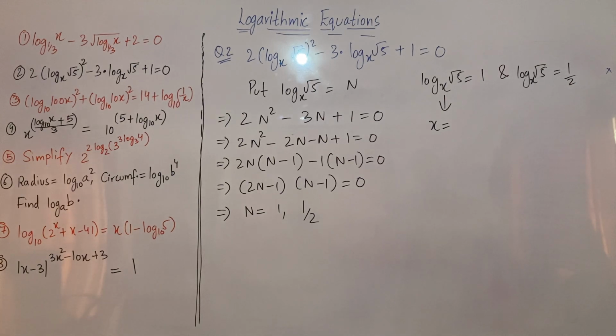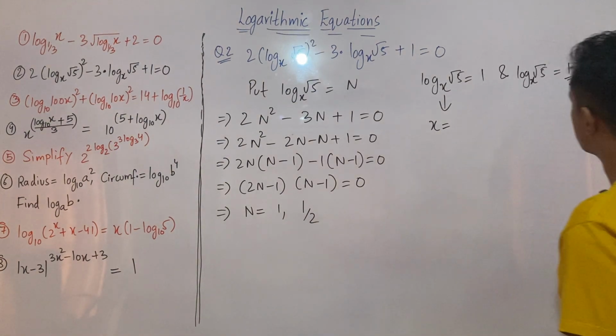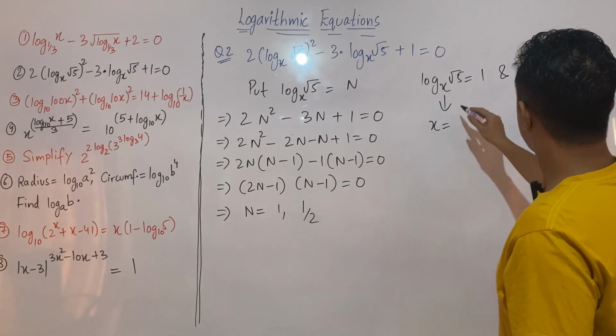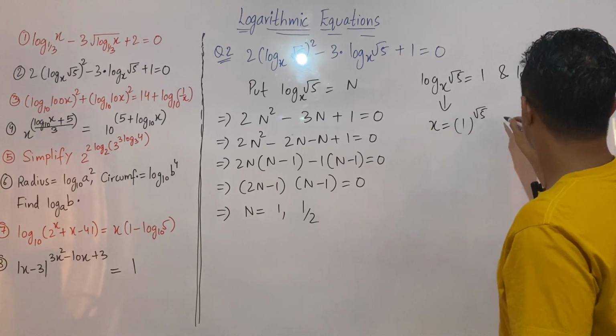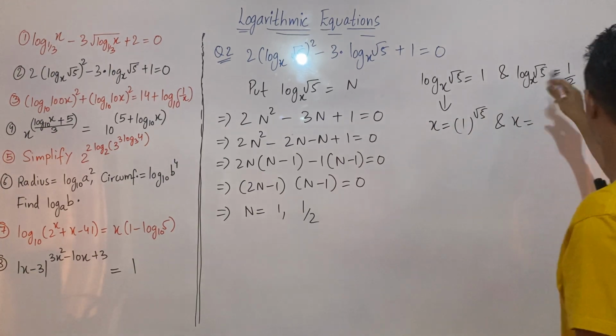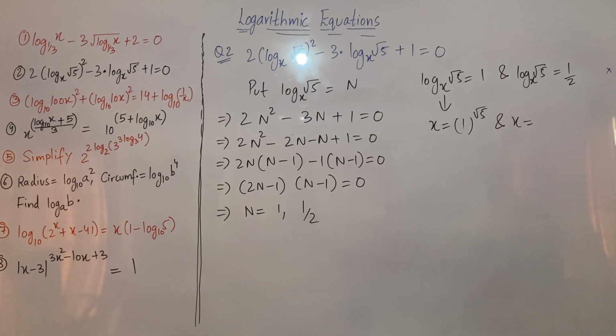Okay, so from here, x is going to be root 5, right? Now n is 1 and 1/2.